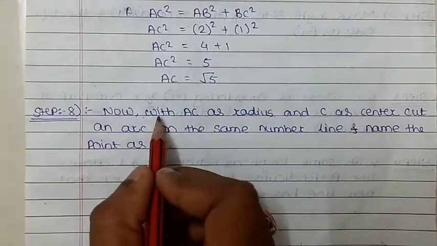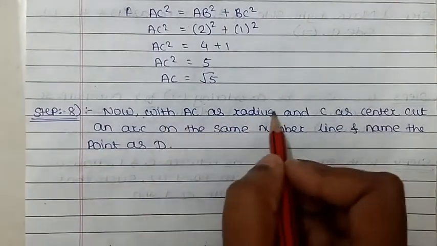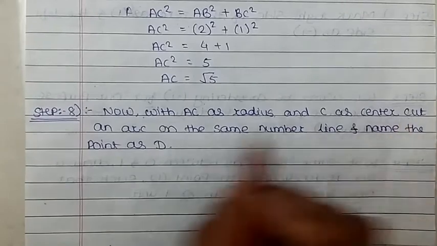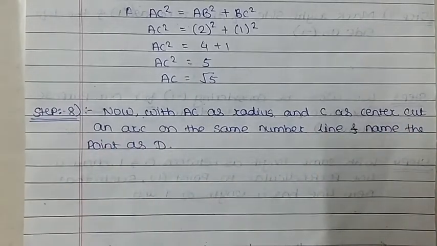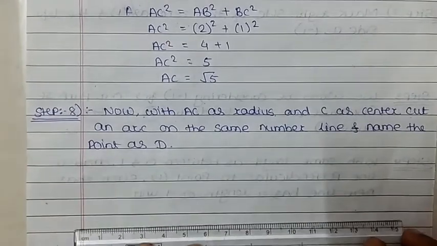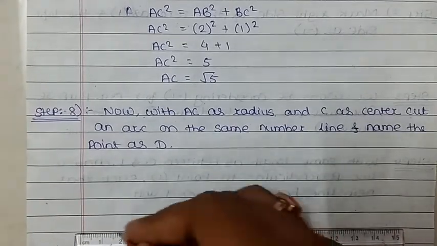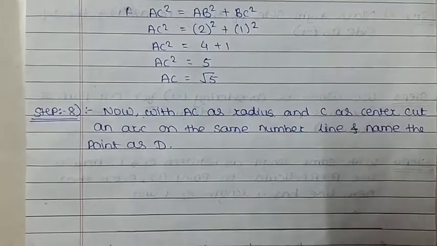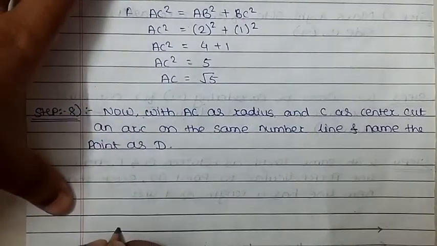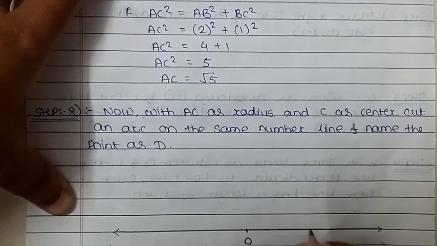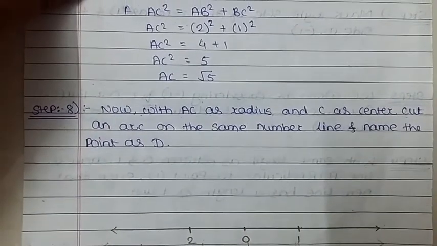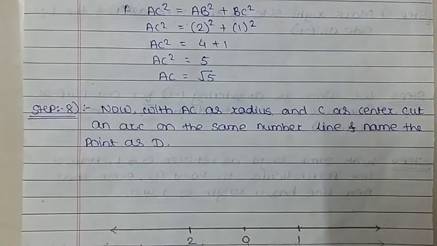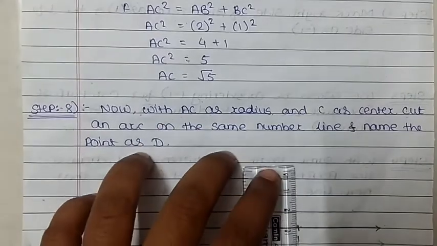Step 8. Now with AC as radius and C as center, cut an arc on the same number line and name the point as D. So we will repeat all steps here once again. Draw one number line first. Put here 0, here 1, here 2. Next, draw one perpendicular line with the length 2 units.